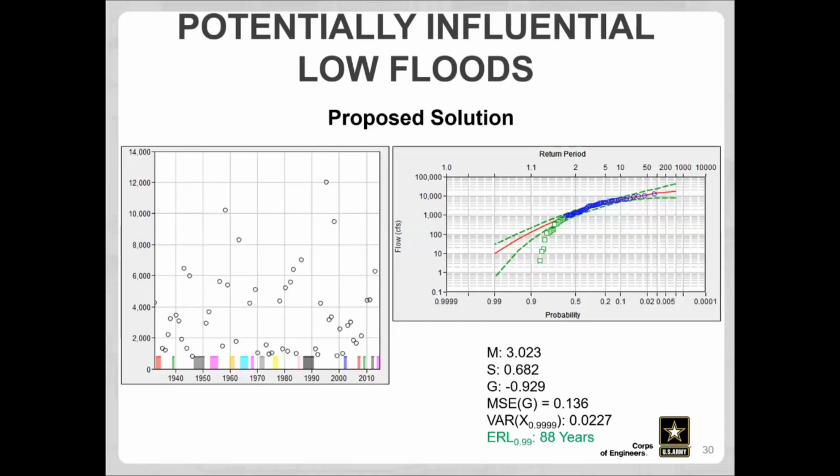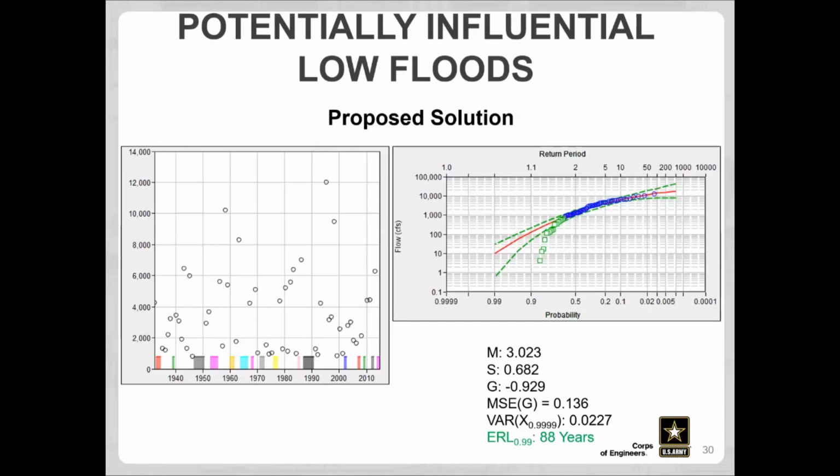So again, another key point is that this does not affect the fitted distribution. I don't know if you noticed it, but the mean, standard deviation, and skew stay the same, right? So it has no effect on your computed frequency curve. The only thing it's affecting is the uncertainty analysis, right?